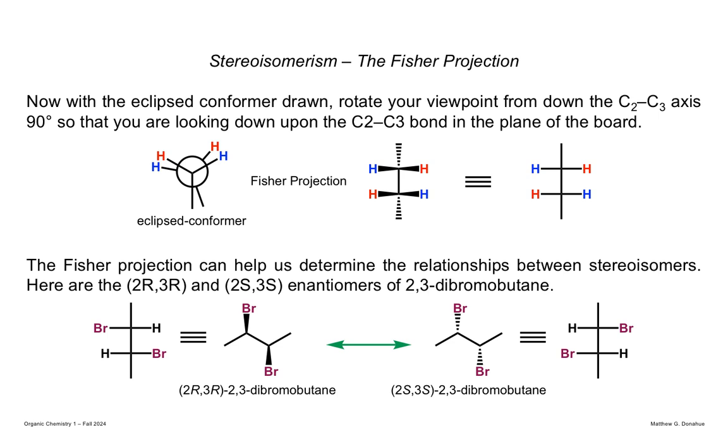So we have blue, red, red, blue. But again, and this is always tough for me to figure out, I'm holding the carbon backbone. These carbons are now close to one another. So this is the Fisher projection.